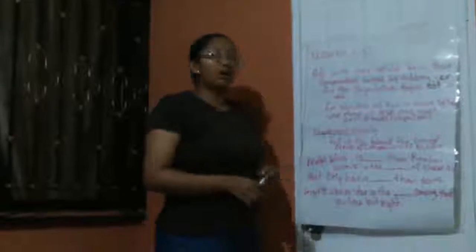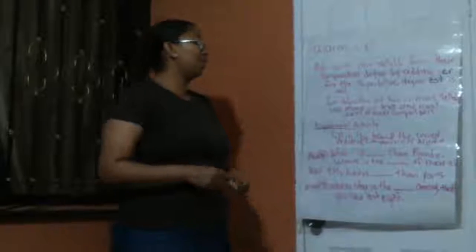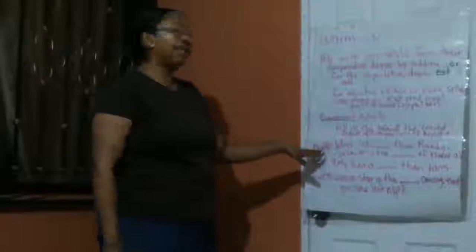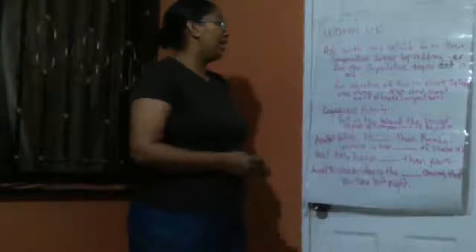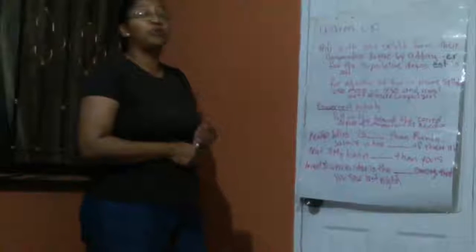For number one, we have Julius is. Remember that the adjective we're using is healthy. So tell me what would be the correct degree of comparison adjective that we're going to use. Julius is healthier than Randy. Correct.